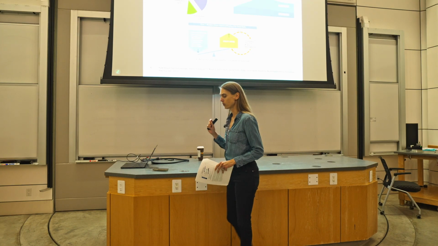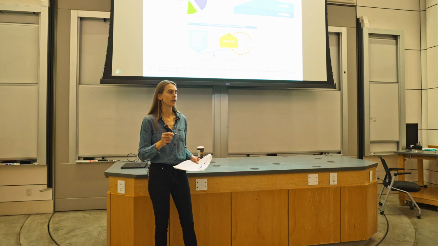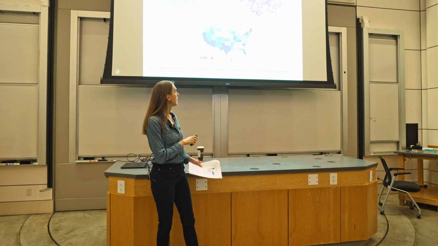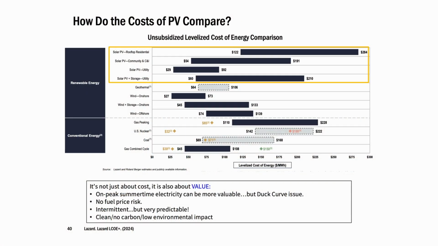If rooftop solar projects were only compensated at the wholesale rate, they would not be economic. They wouldn't be able to cover their costs because of the higher LCOE. So because of this dynamic, customers that have rooftop solar, if they're being compensated at the retail rate through net metering, are actually shifting the costs of the transmission and distribution system onto customers that don't have solar.